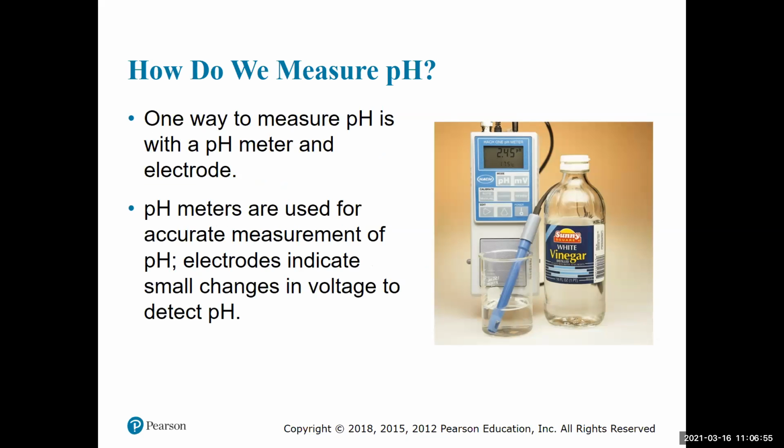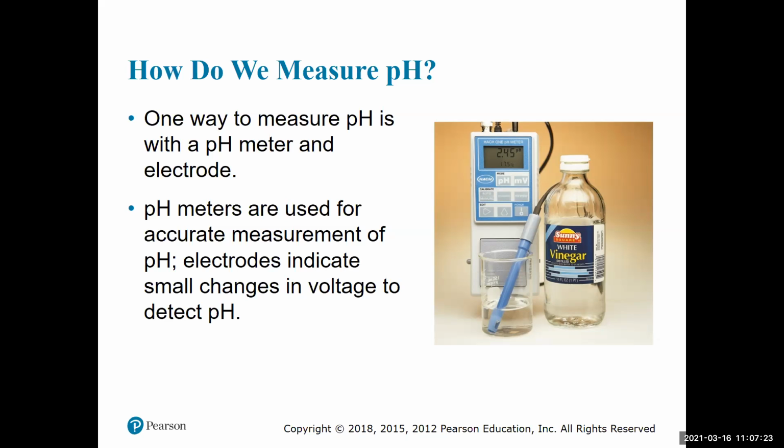What you're doing there is the electrode is able to detect small changes in voltage. And if you recall, you should have calibrated that pH electrode and meter so that you defined what a pH was. Then when you have changes off of that, the meter is able to do a calculation internally that says, okay, if the potential has changed this much, then the new measurement is this.